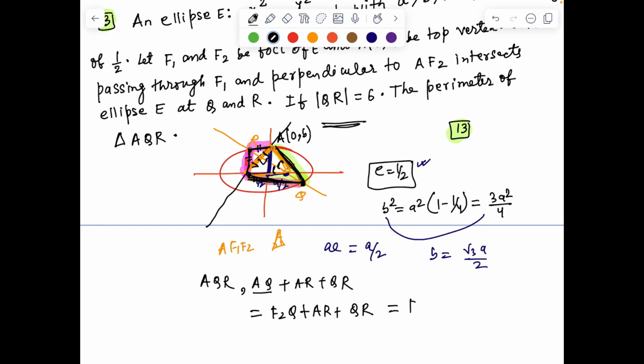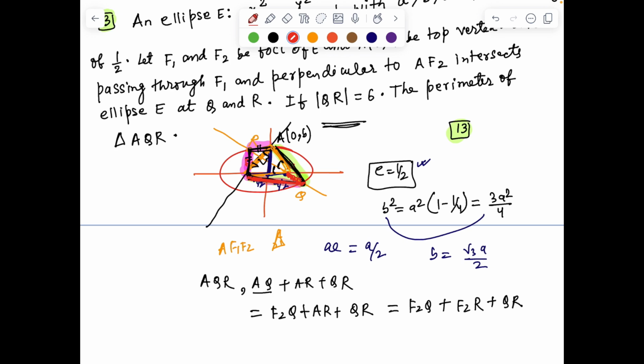And now again AR can be written as F2R, so F2Q plus F2R, and plus we have QR. And now you can clearly see what about this chunk of distance, like this plus this is equal to 2 times of a according to the ellipse property.